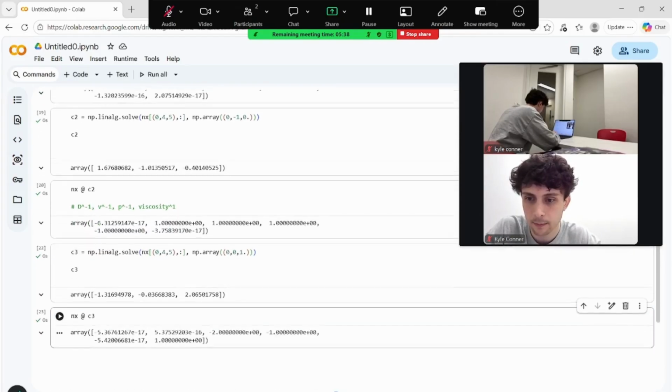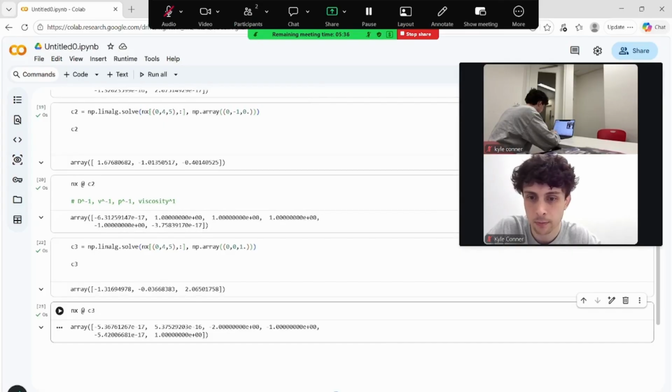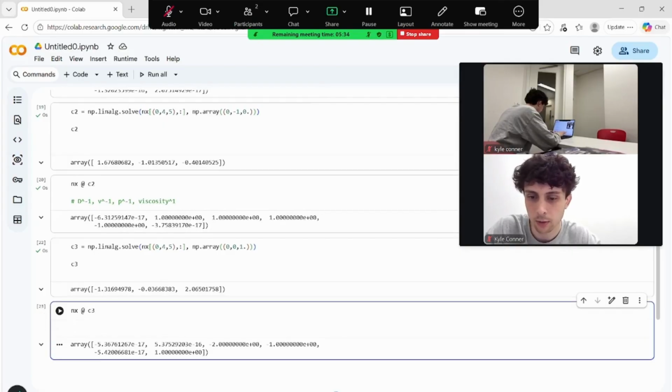Run that. So we get 0, 0, or here I'll write it out. So our length is 0, our diameter is 0, and then we have our velocity is -2. Velocity is -2. Our pressure, or our density, I think I said pressure earlier too, so sorry if I did that, I meant density.